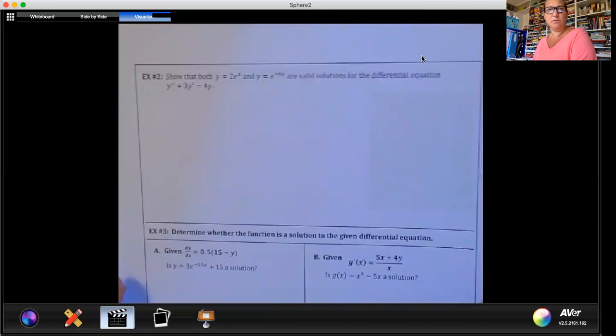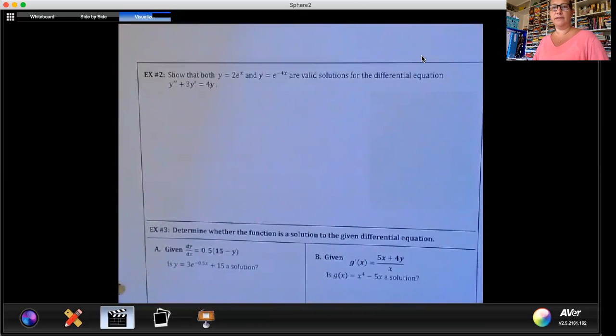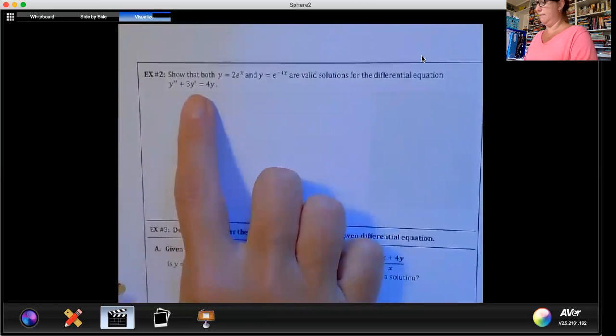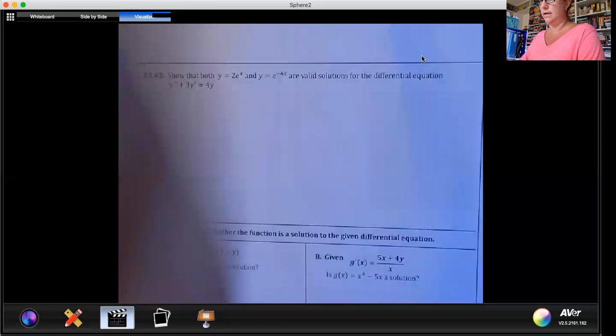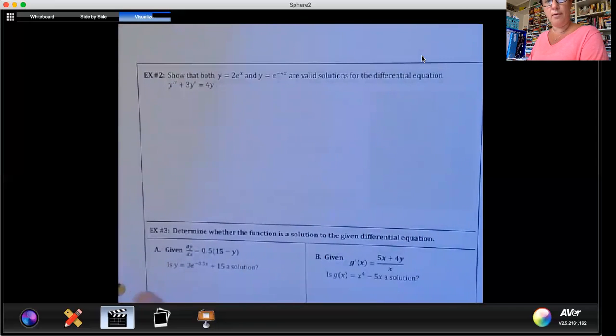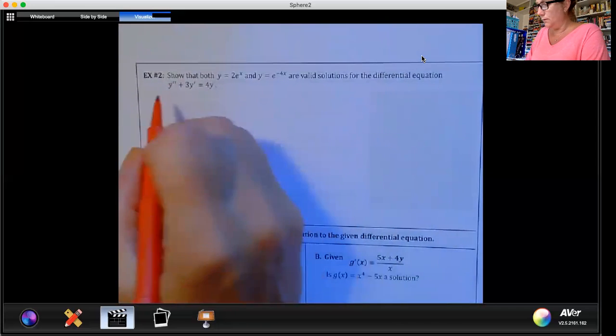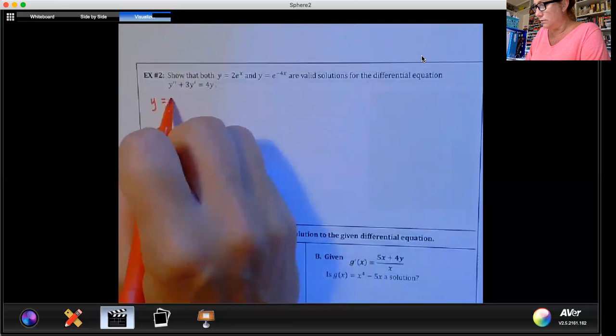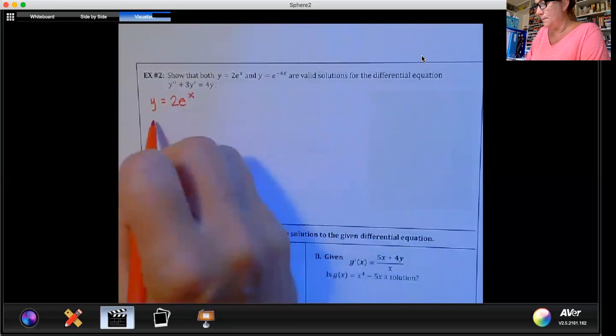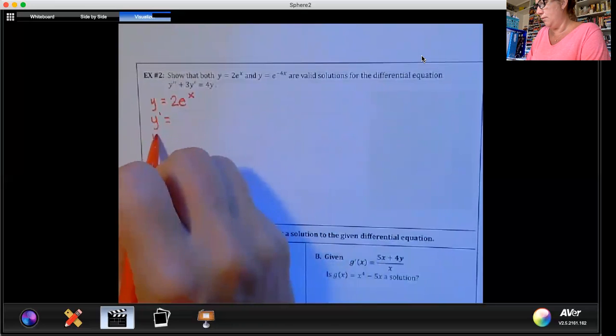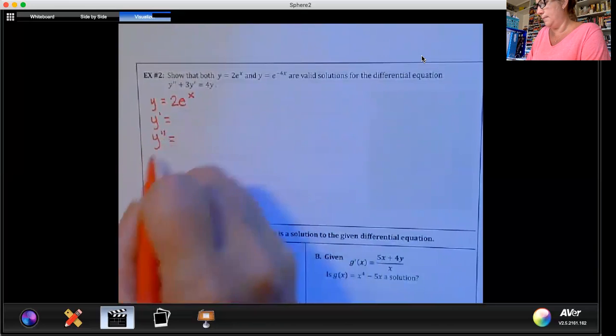What it's asking you to do here is to show that both of these y equals values are valid solutions for this given differential equation. Now, as you can see in the differential equation, you have y prime and y double prime. So we're going to start with y equals 2e to the x. We're going to find y prime, and we're going to find y double prime.